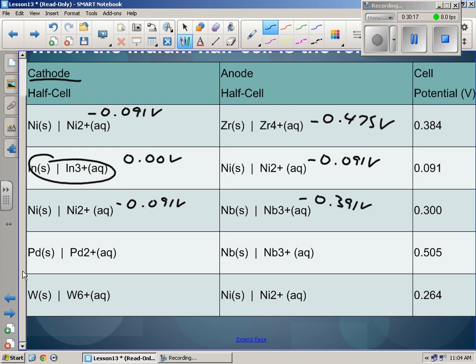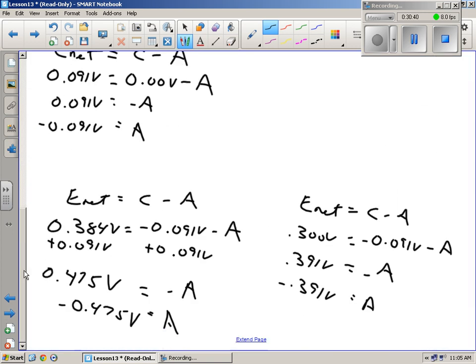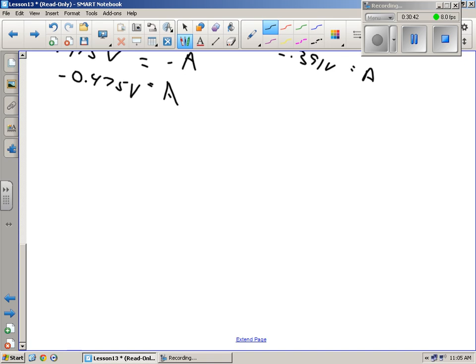Okay, good. Now for the next one, you do have to pay attention to which one is the cathode and which is the anode. So now we go to this one, and my anode is a negative 0.391 volts. What's my palladium going to be? That's the cathode we need to figure out. So I'll just do this one real quick. The net is the cathode minus the anode.